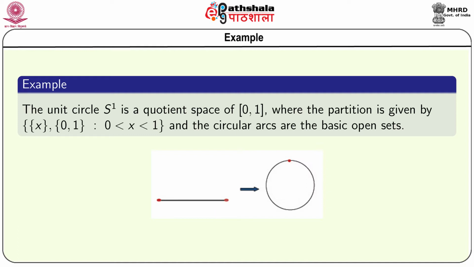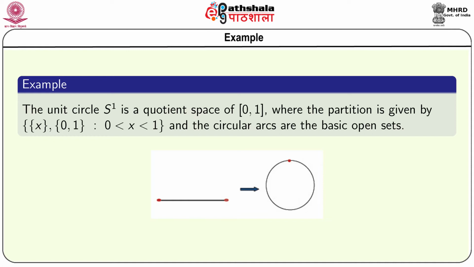We want to show that this circle S1 is a quotient space of the closed interval 0, 1, where the partition is given by the singleton sets {x} for every x within 0 and 1, and the 2-point set {0, 1}.